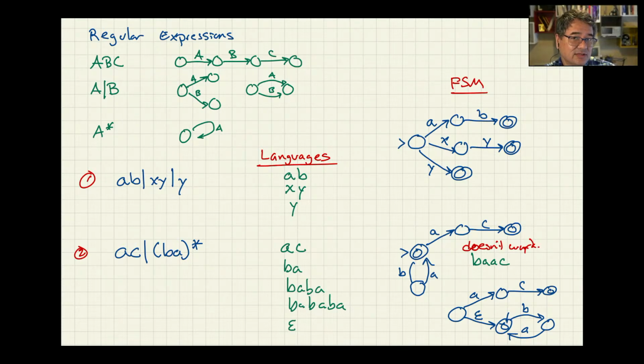And you want this to be a greedy algorithm where it knows which branch to take. And so these epsilons are not allowed yet. Okay? So what can we do instead?